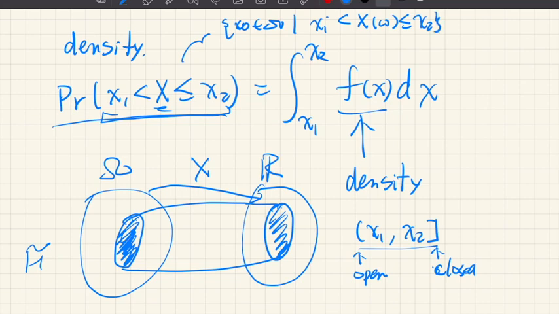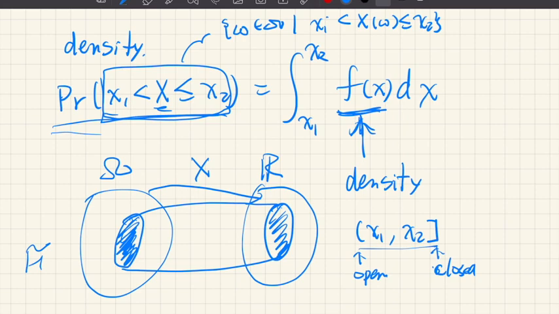So again, I repeat, this should always be an event. An event is a subset that belongs to the sigma-algebra. So this equation defines this function, which is called density. Probability density function.